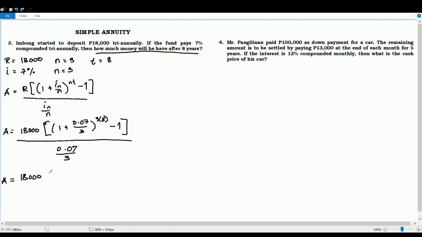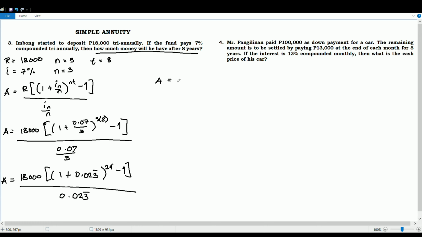Now we have 18,000 times 1 plus our 0.07 divided by 3, which is the same as 0.023, and 3 is a repeating non-terminating number of this decimal number, raised to 24 minus 1 over 0.023. Okay, so we have now to add the numbers inside the parentheses.